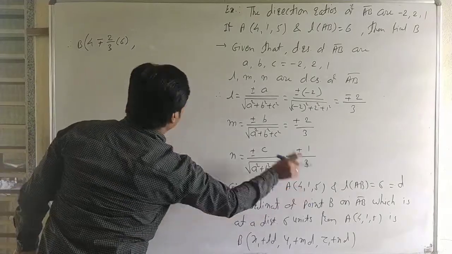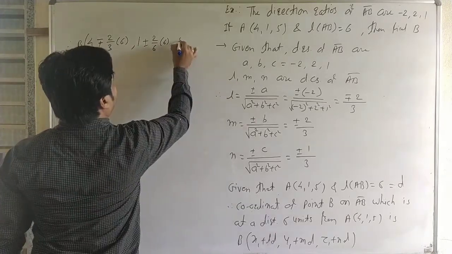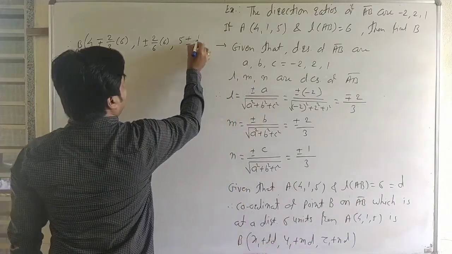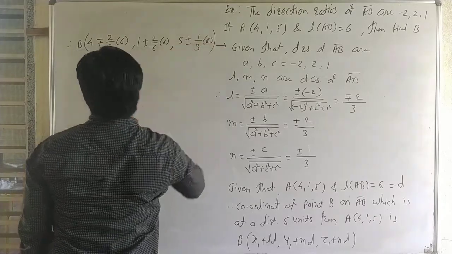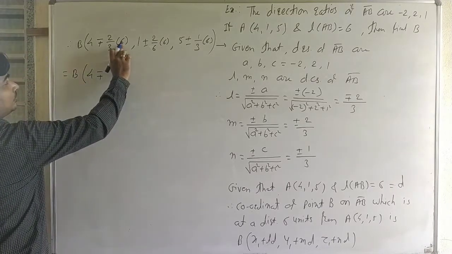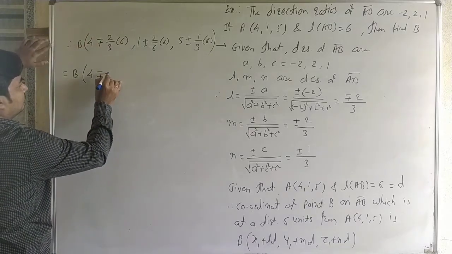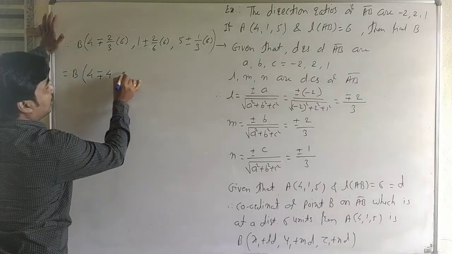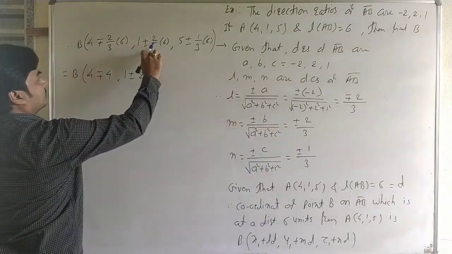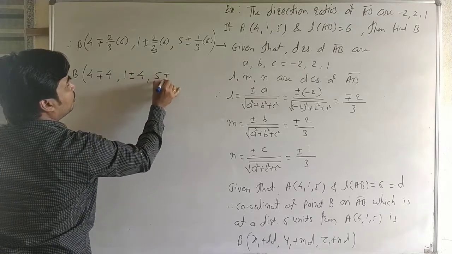Then second, 1 plus or minus 2 by 3 into 6, and last 5 plus or minus n, that is plus or minus 1 by 3 into D, that is 6. Then the coordinates of B, see the calculation carefully: 2 into 2 is 4, 2 by 3 into 6 is 4, and 1 by 3 into 6 is 2.